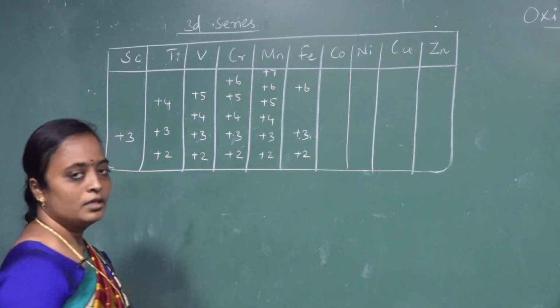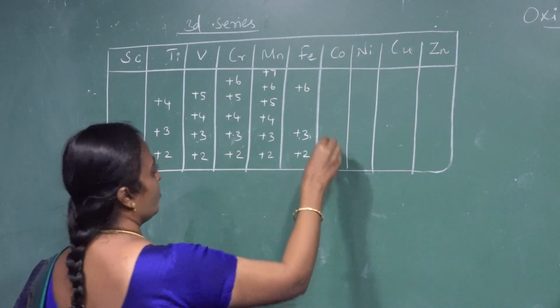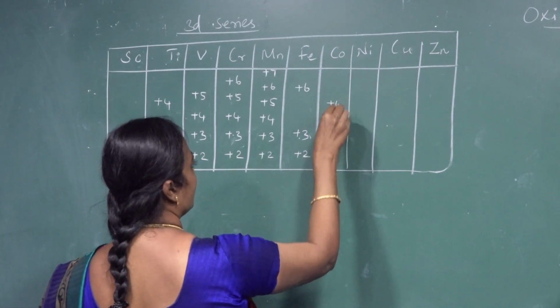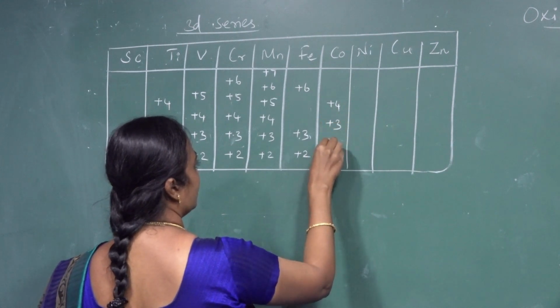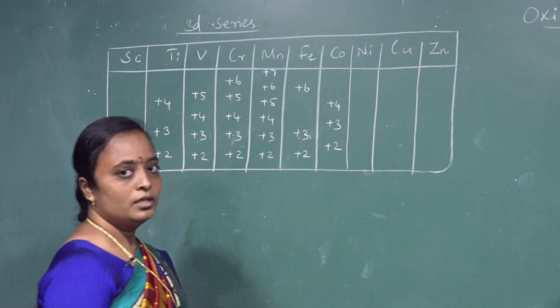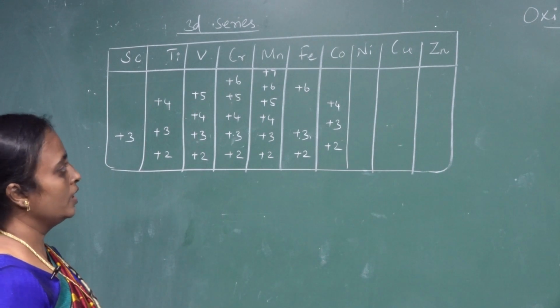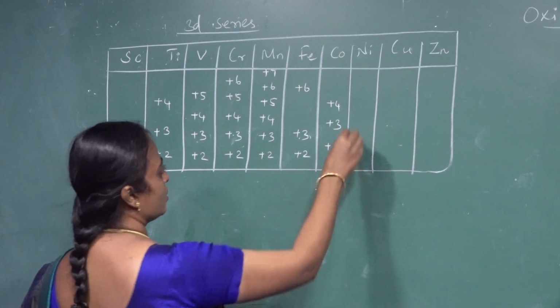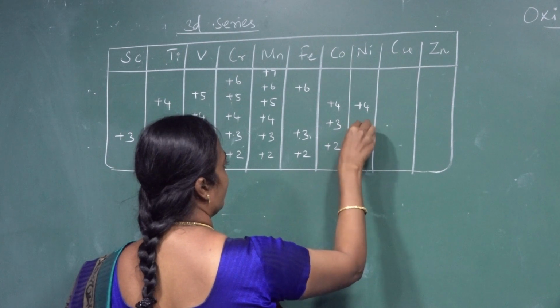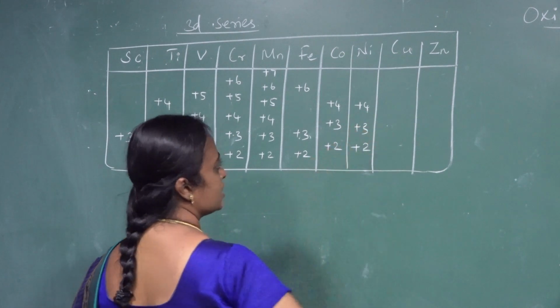For cobalt, +4, +3 and +2 are possible. Nickel complexes also give +4, +3, +2 oxidation states.